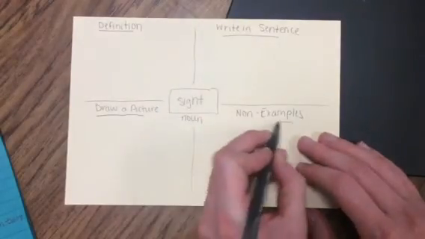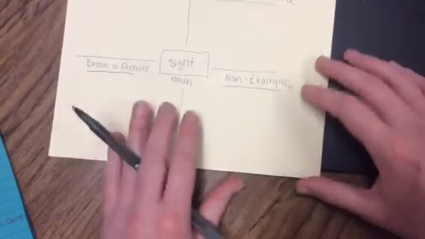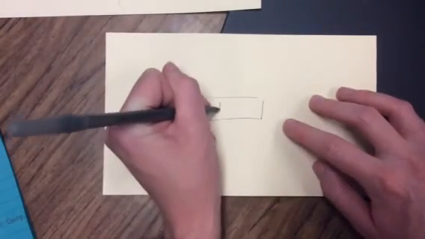For your non-examples, you can list bullet points like this, or you might write a sentence that talks about something that it does not include sight. All right, here's just one more word that you're going to take and get ready for today. And this last word for today is the word tight.